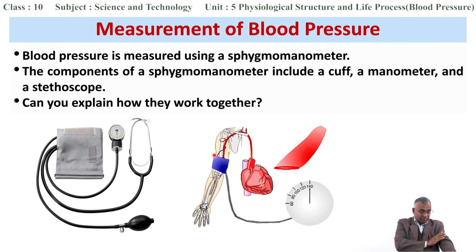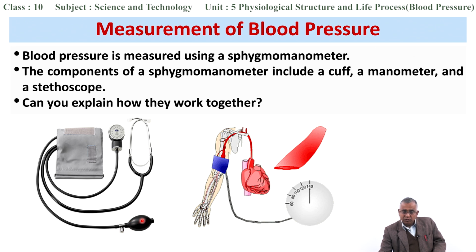Look here, the cuff is tied on the arm, and it is better to tie it on the left arm because the heart is closer to that. In most people the heart is at the left side; only in very rare cases it is at a slightly different position. The cuff is tied, and the stethoscope is worn in the ears. Then by closing the valve, the bulb is used to pump air, and the cuff is filled with air.